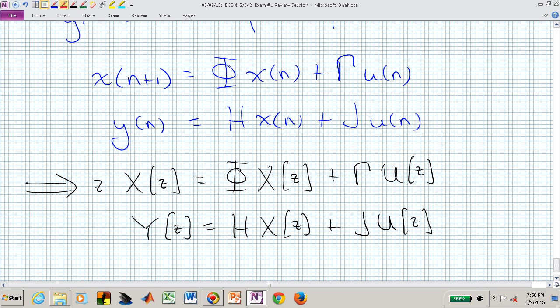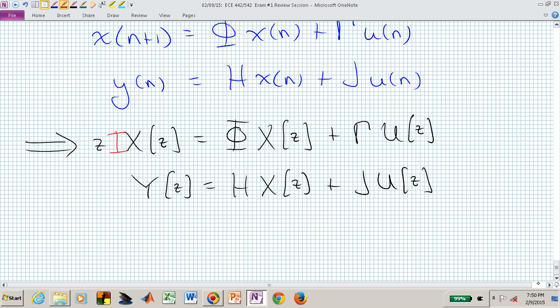z is a scalar, and we want to combine the capital X of z terms, which means we'll go ahead and be able to do that if we inject this identity matrix, capital I, in between z and x.